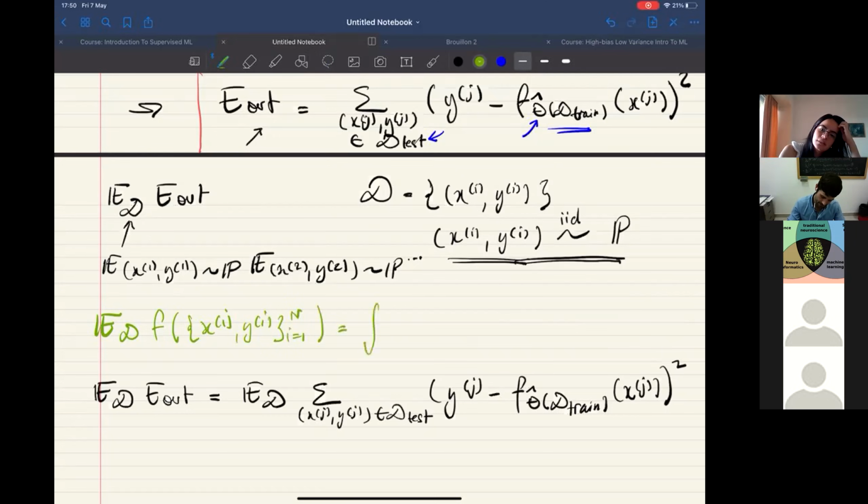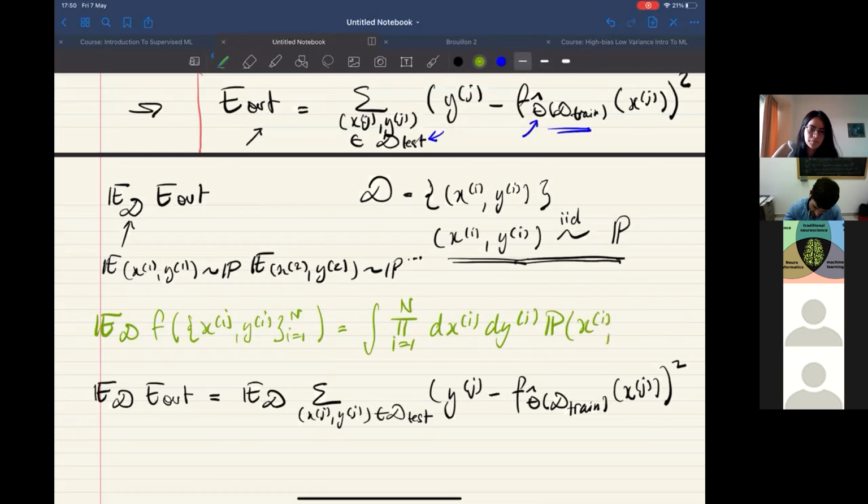Concretely, this is an integral over dx1 dy1, so an integral over the product from i equal 1 to n of dxi dyi, p of xi, yi.